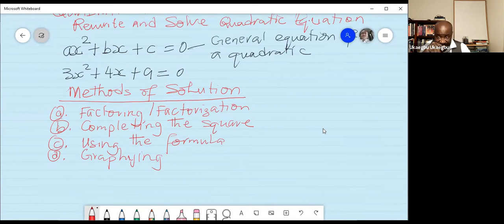Okay, let me make something clear on that. I don't want to write it down. It is not completely wrong, but here's why I don't want to write it down.